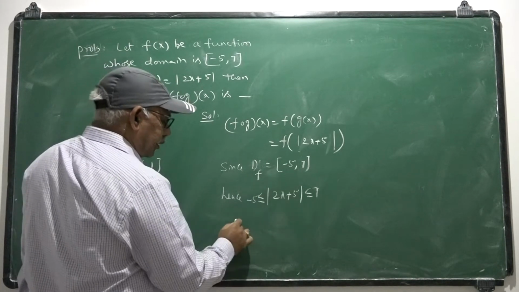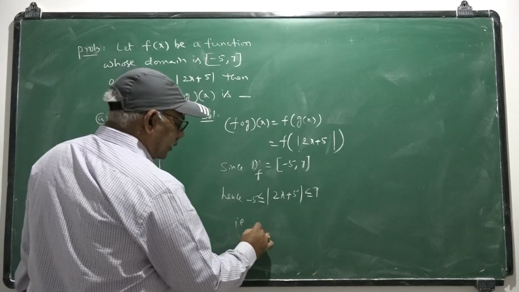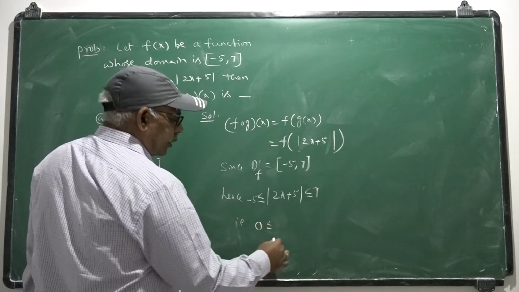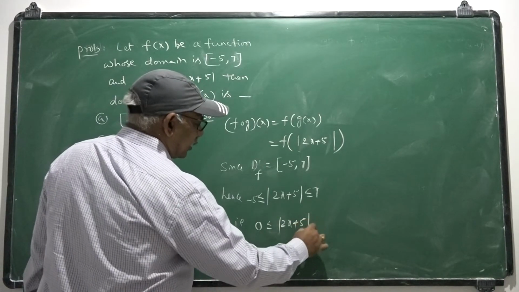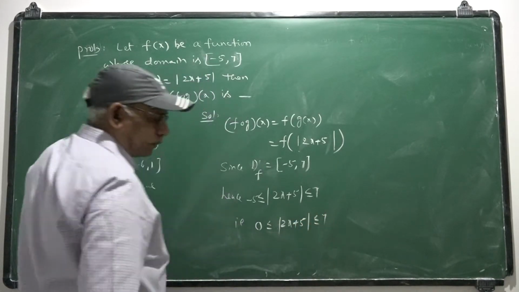But modulus is positive, hence 0 ≤ |2x + 5| ≤ 7.